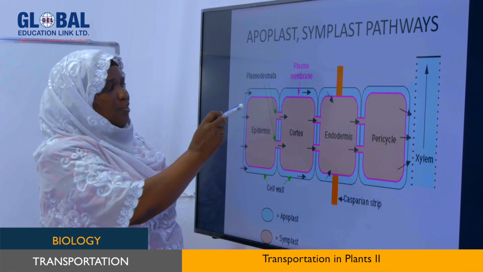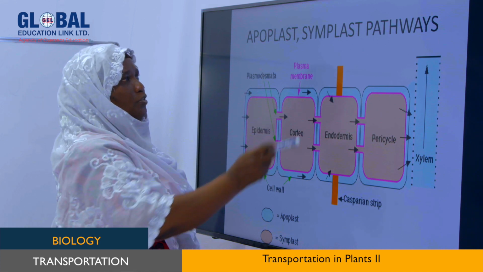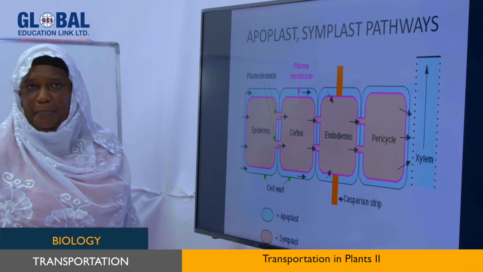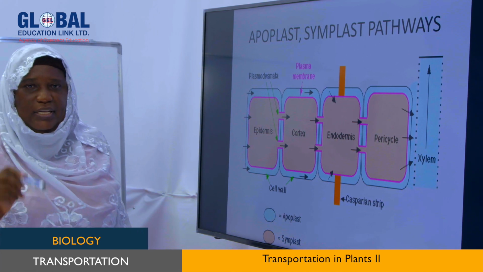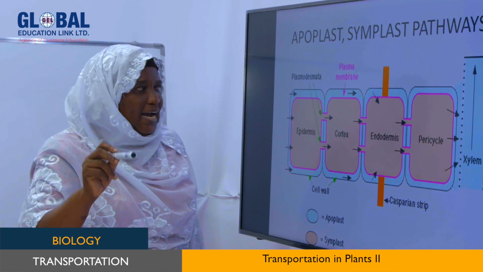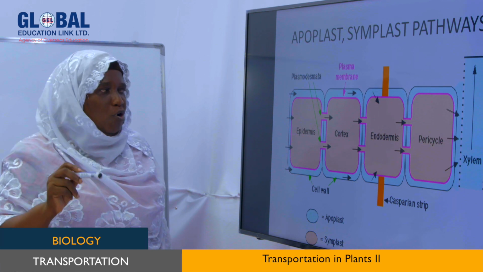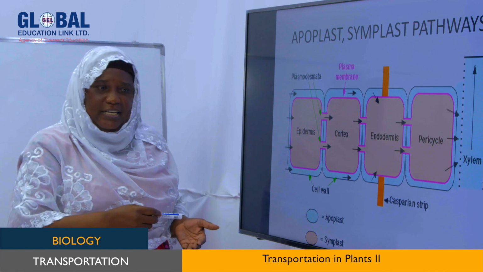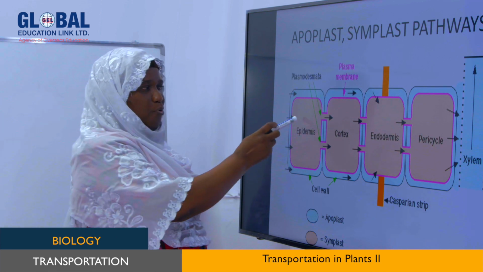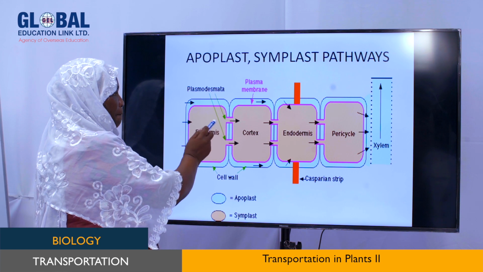Therefore, this route through which water moves through the cell walls is known as the apoplast pathway. But apart from that, water also can move from one cytoplasm to another cytoplasm. For example, here, these arrows.